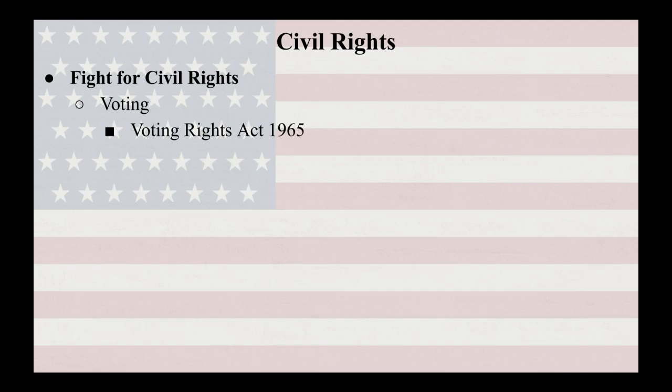Previously, the 24th Amendment had been passed in 1964 that outlawed the poll tax, so it's going to provide access to the voting booth to many more people. It also provided for federally appointed registrars to replace state and local registrars if there was an intervention in voting. So if state and local registrars didn't allow people to register to vote and exercise their right to vote, the federal government would step in and replace them with a federal employee.